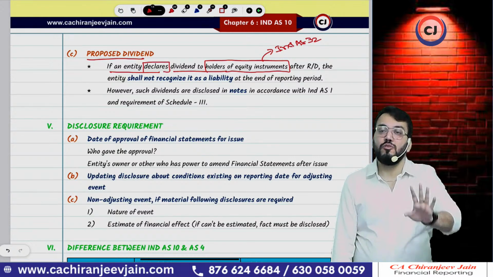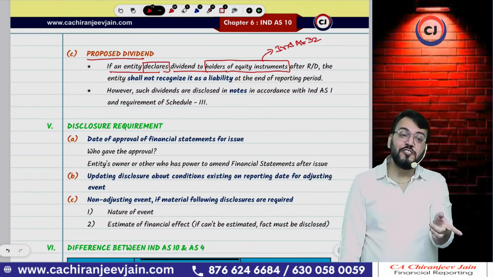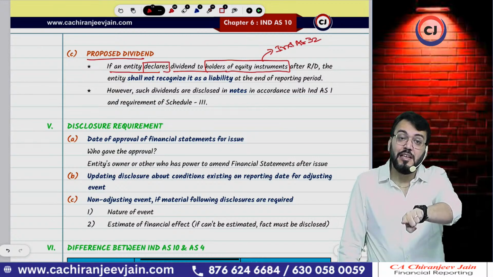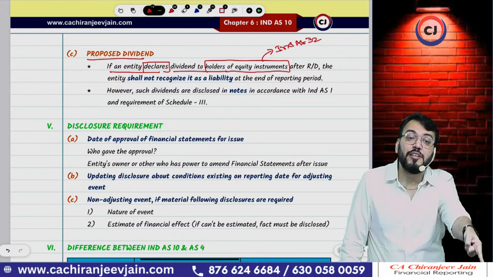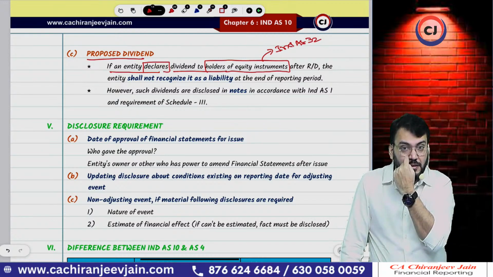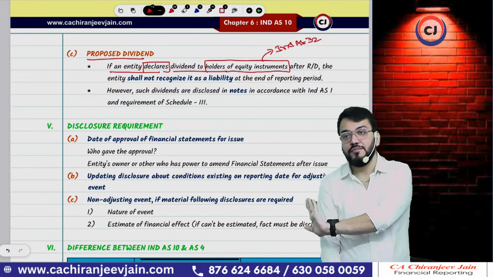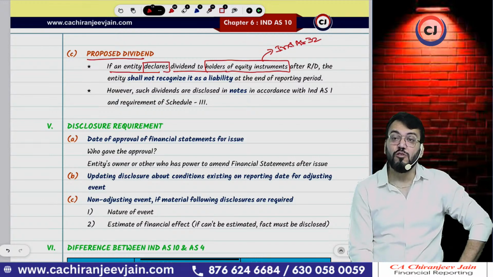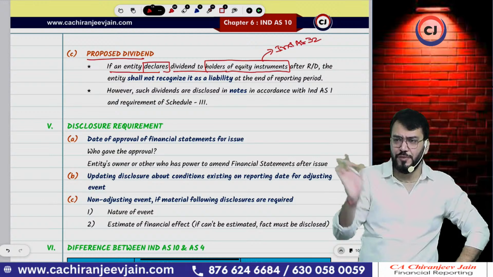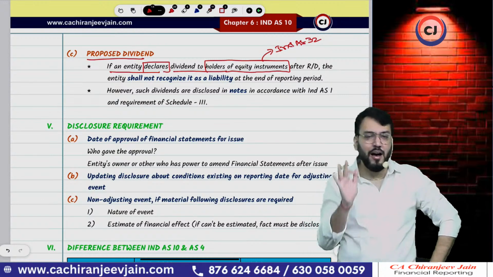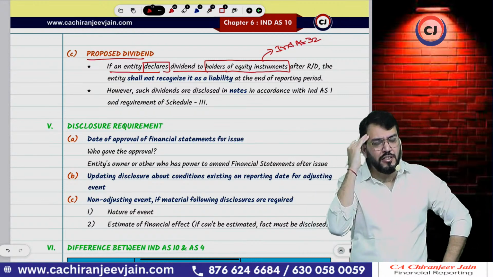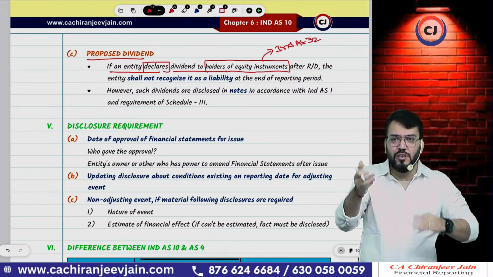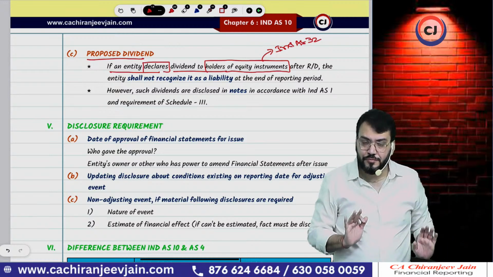Redeemable preference share capital is a liability, but irredeemable preference share capital becomes an equity instrument. Detailed discussion is in Ind AS 32. When I say equity instrument, it includes irredeemable preference share capital or any other equity instrument. Right now, we can consider equity shares in our mind, because you can understand from that example.